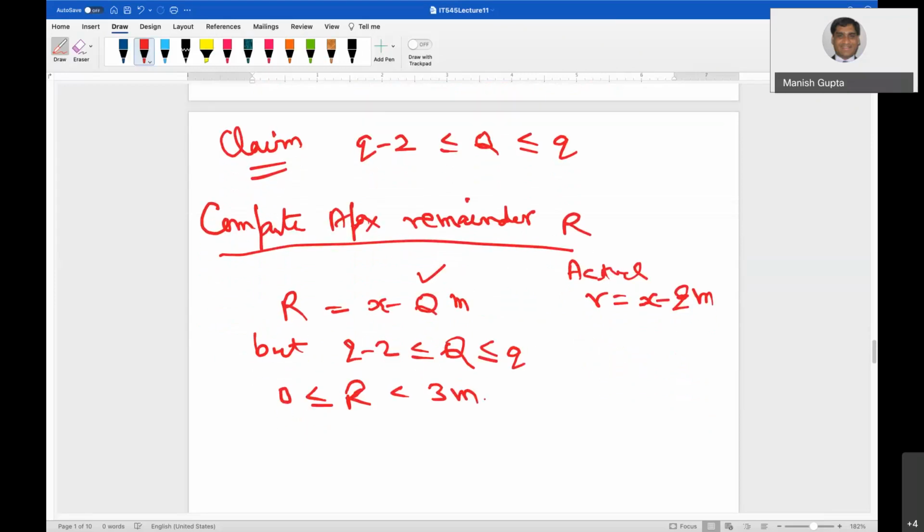And further, since m is less than b raised to power l, and we are putting a condition that b is greater than 3, remember we mentioned that this algorithm works if the base is greater than 3, then R is less than b raised to power l plus 1.